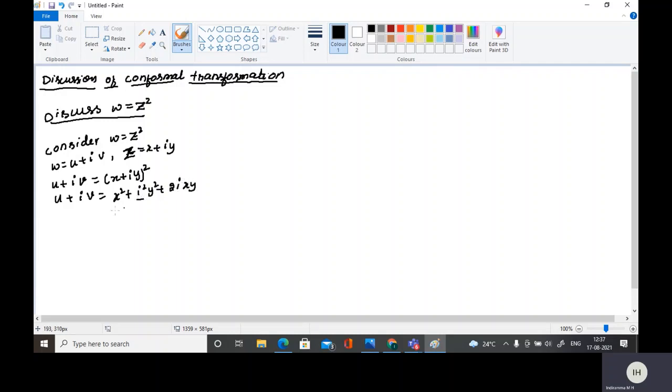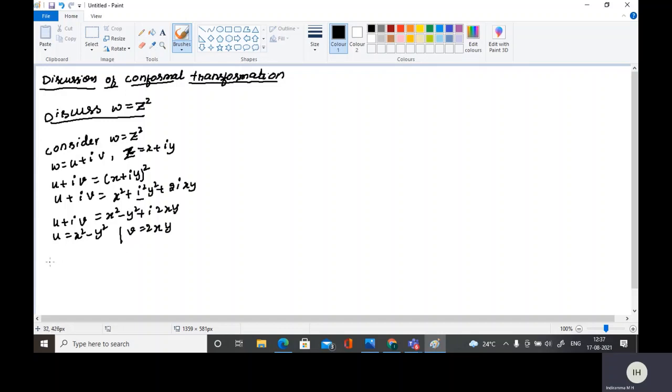As we know that I square is nothing but minus 1, x square minus y square plus I into 2xy. Now separating the real and imaginary terms, we obtained U is equal to x square minus y square and v is equal to 2xy. So this is what we got.